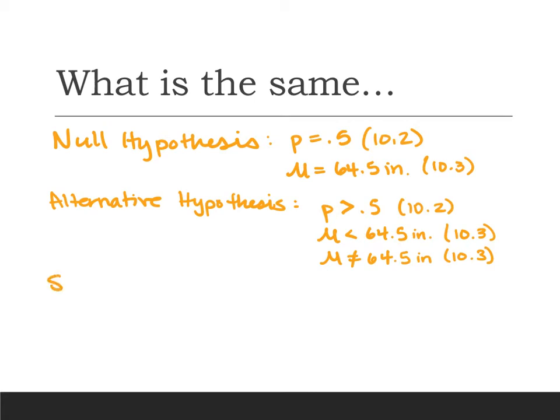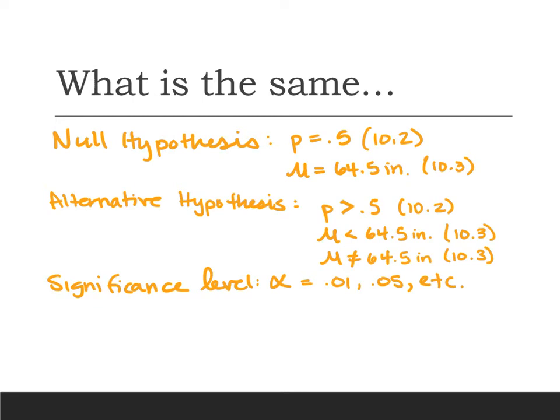We still have a significance level. That is alpha, and it's going to be something like perhaps 0.01, 0.05, maybe even smaller, 0.001 in some cases.